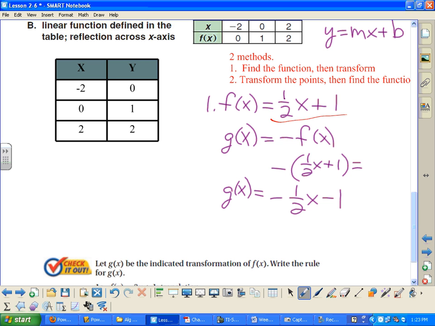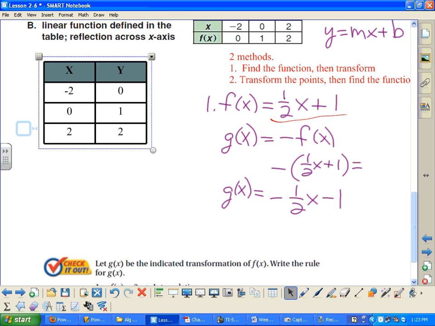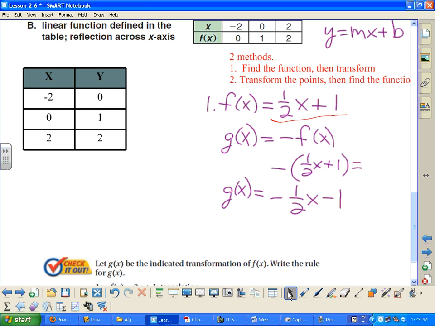That's method 1. We can find the function, find the slope and the y-intercept, and then do the transformation. Now the other way we could do it is take the points and change them.